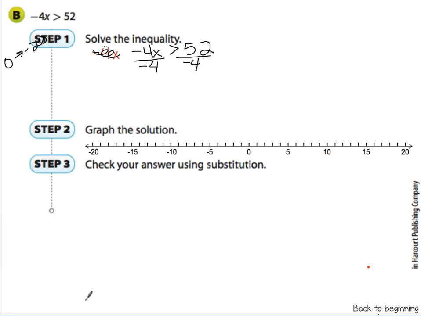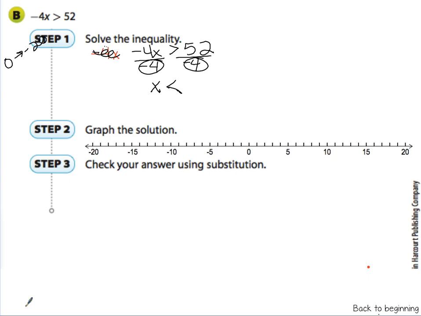And that rule was if we divide by a negative, so I'm dividing, and that number I'm dividing by is a negative. So this number that I'm doing to both sides with is negative. So I do have to flip my sign. So do I have to flip? Yes.